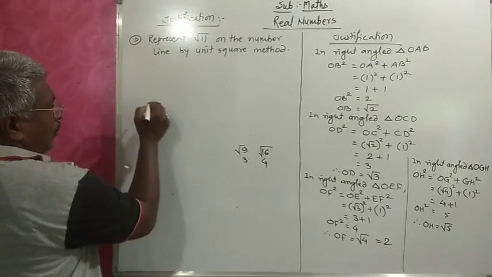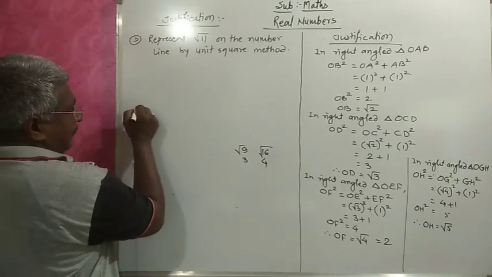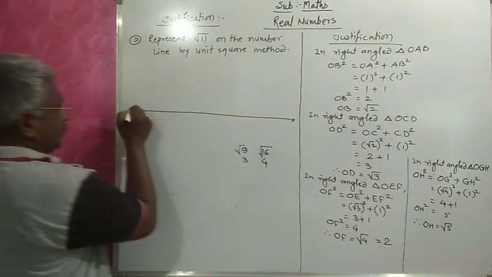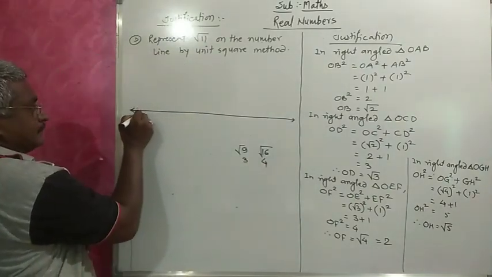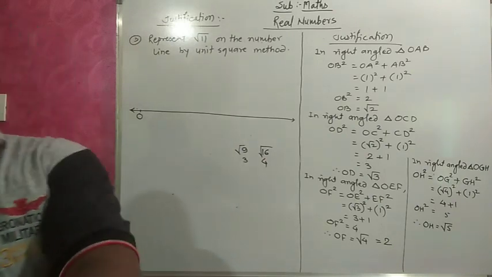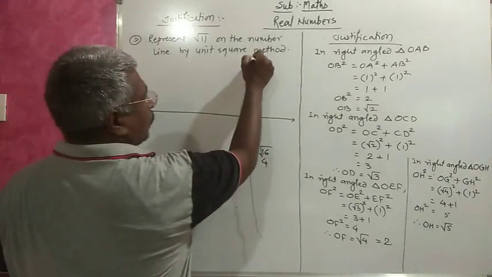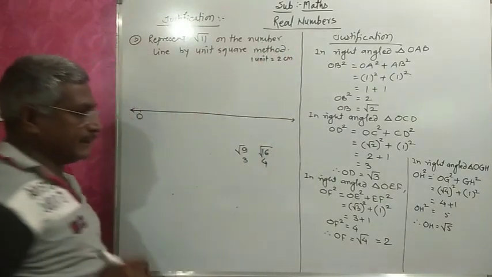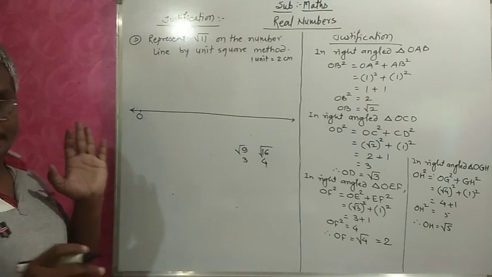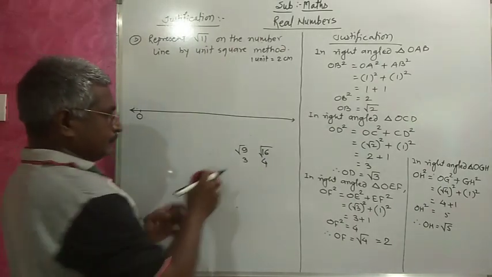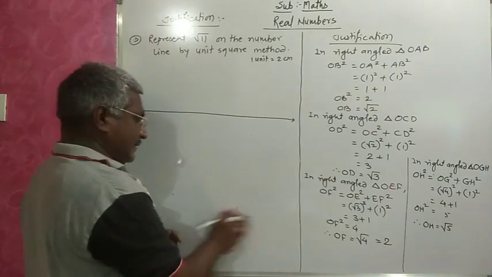Okay. Now we have to draw the number line. Procedure is same. Take 0, or O. So what are we taking? 1 unit equals 2 centimeters. We fixed it; not so big, not so small. It is a comfortable measurement.